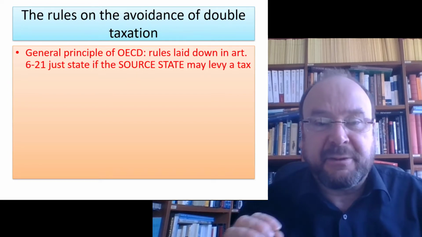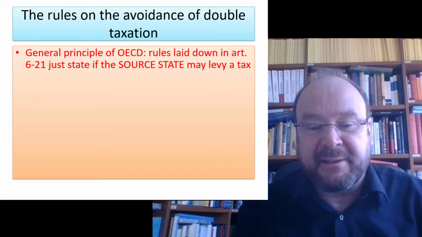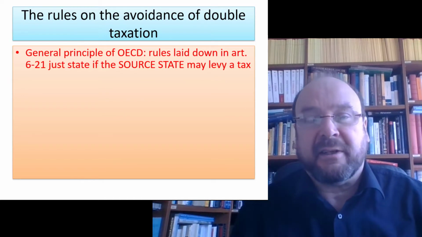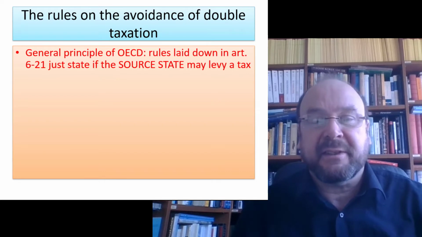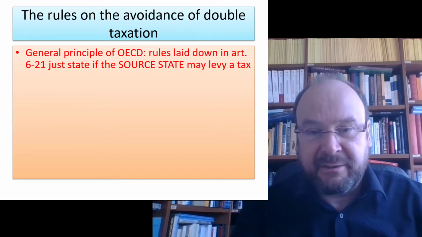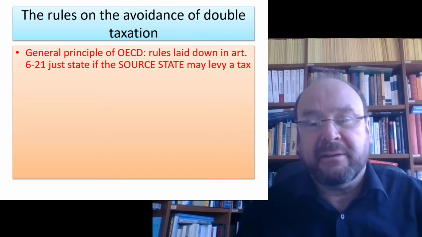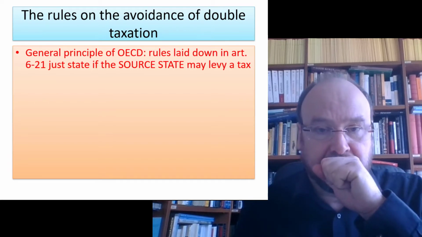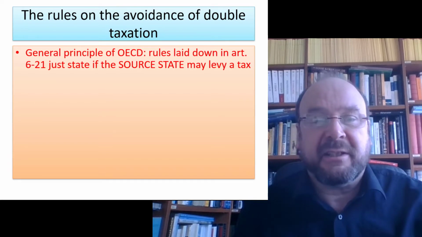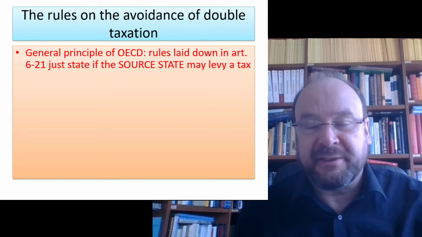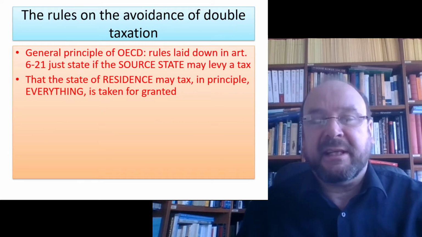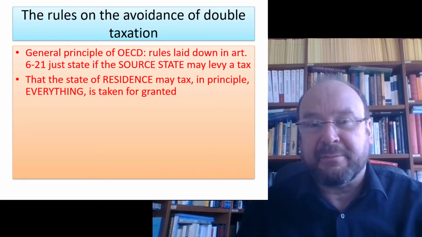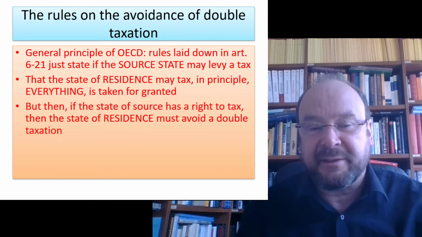So the articles with headlines like income from immovable property, business income, dividend income, interest income, they only lay down if the state where the money comes from, the state where you are not resident, can levy a tax or not. That the state of residence may tax in principle everything is taken for granted.